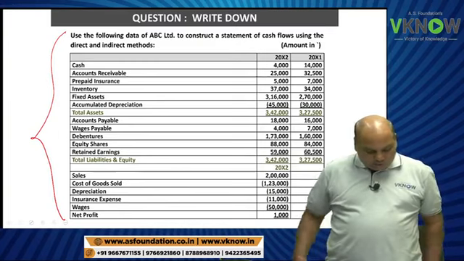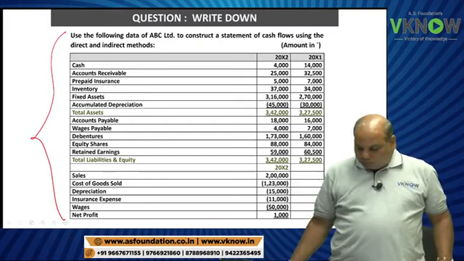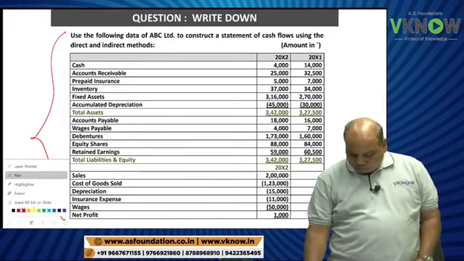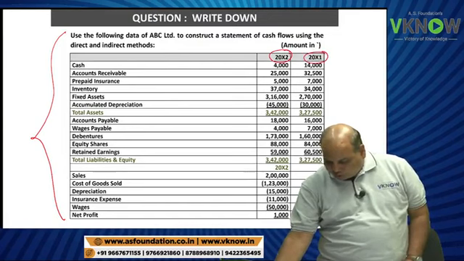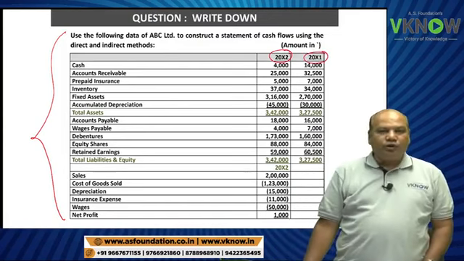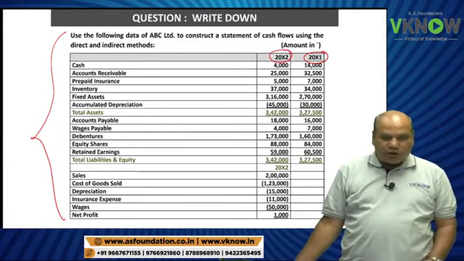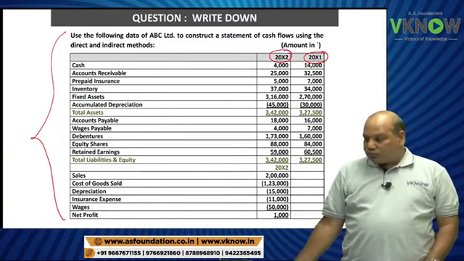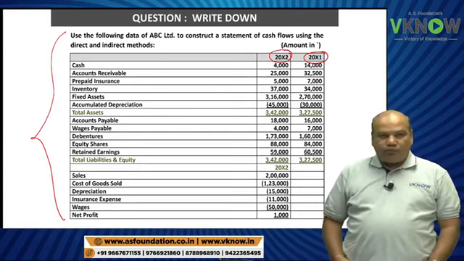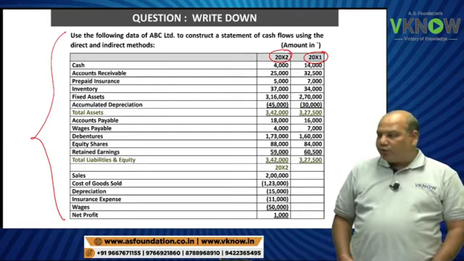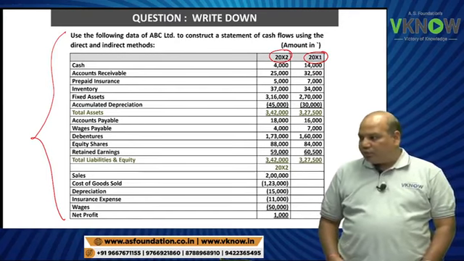Please write down. Right hand side 2 columns, 20x2 and 20x1. Write fast. Last question for the day. Cash: 4,000; 14,000.